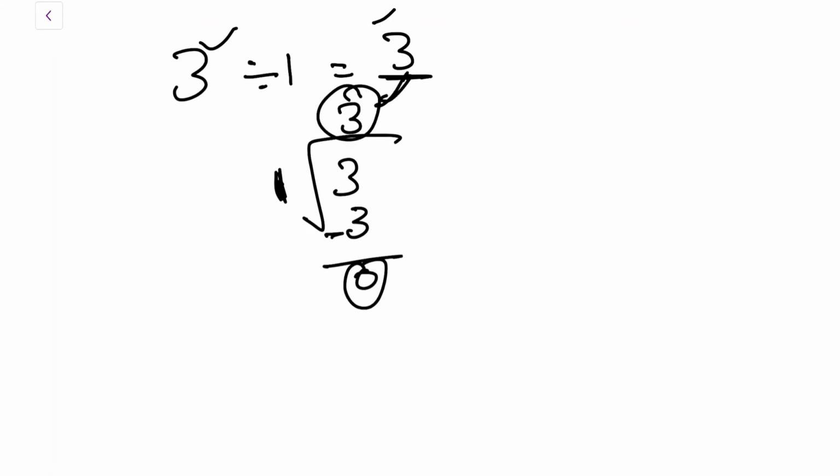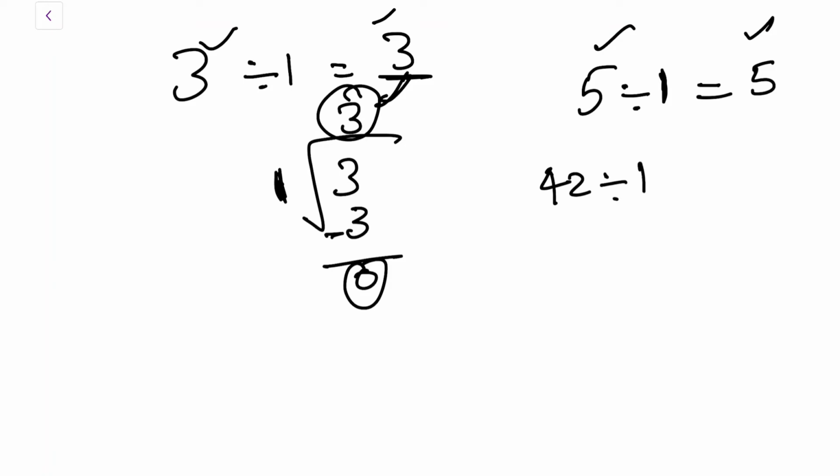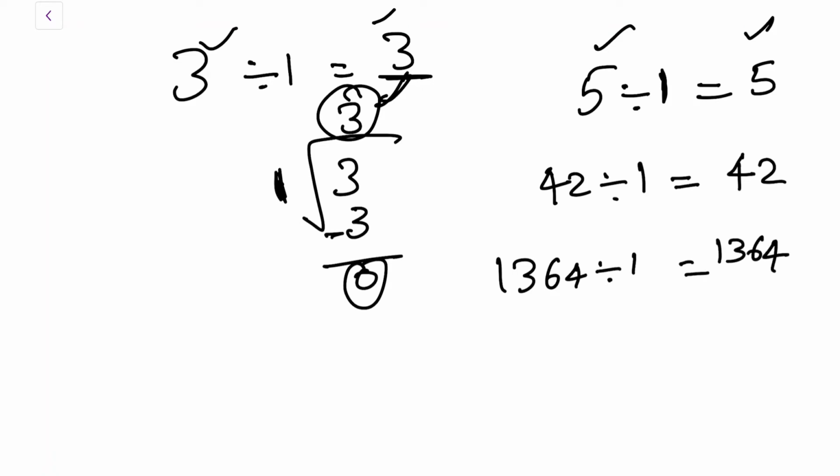So the quotient is 3 itself. Again, when a number is divided by 1, the quotient is the number itself. 42 divided by 1? 42. Perfect. 1364 divided by 1? 1364. Very good.